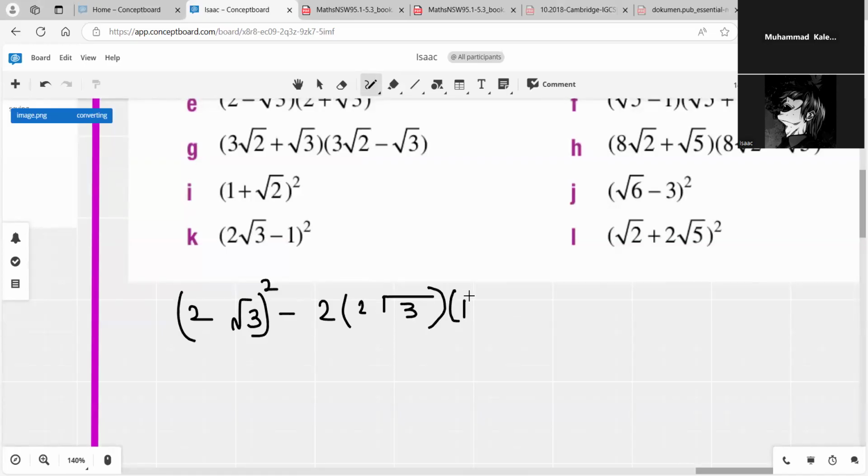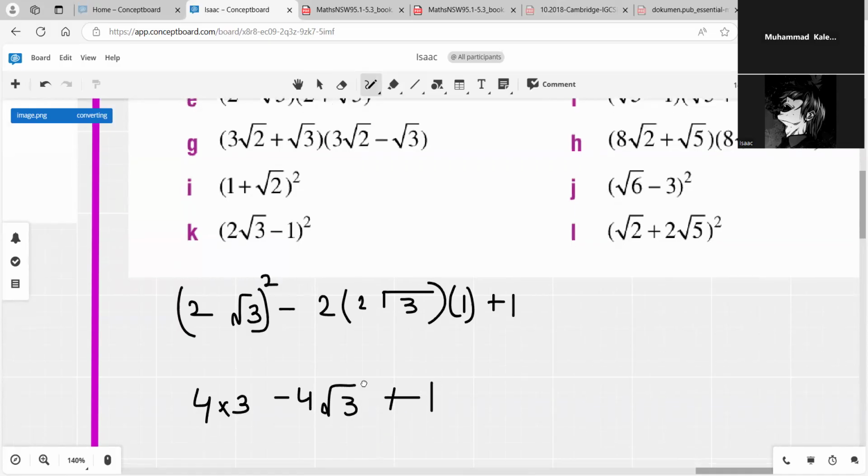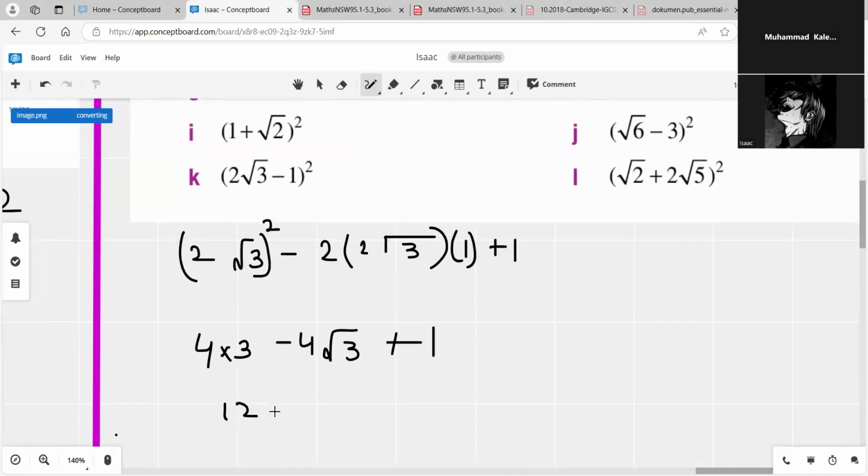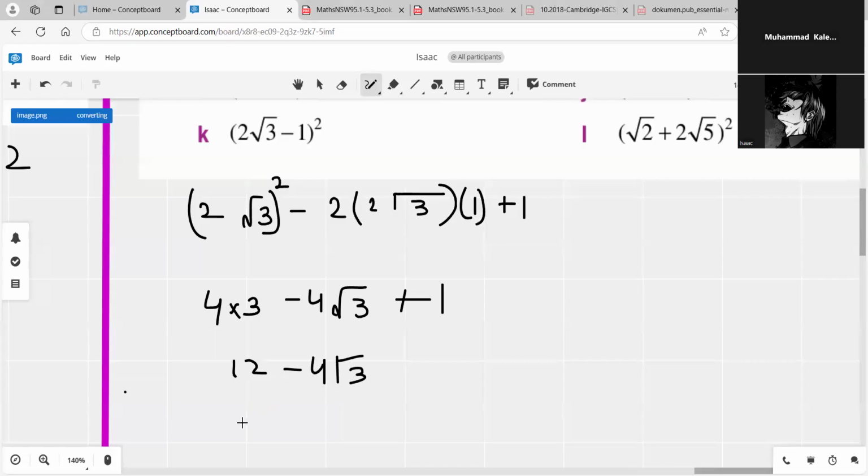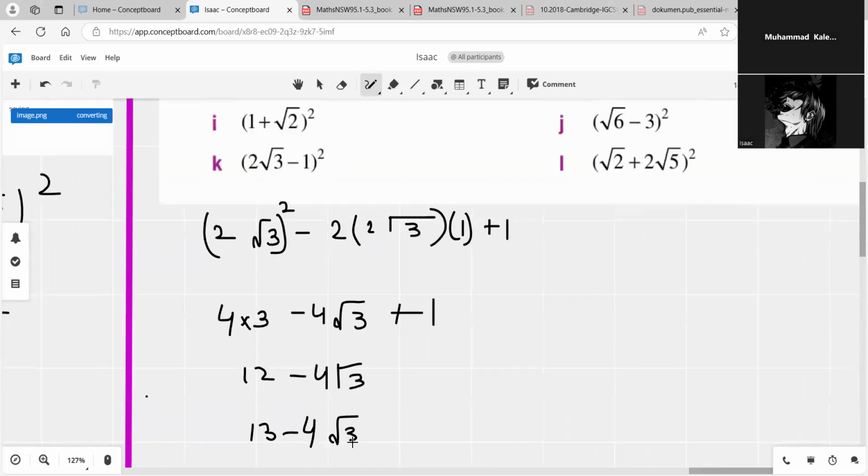I got 4 square root 3 plus 1. Let me check. Can you please say it again? What's the answer you are getting? 4 square root 3 plus 1. No, that's not the right answer. You can see I did the calculation. Let me know if this makes sense.